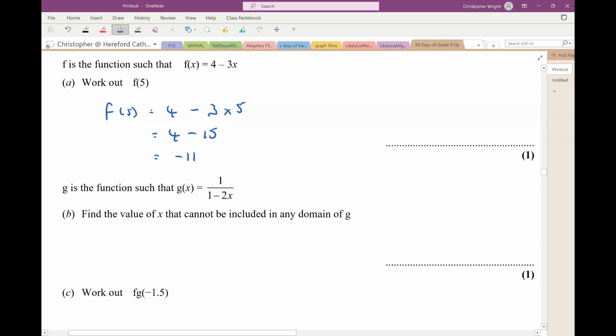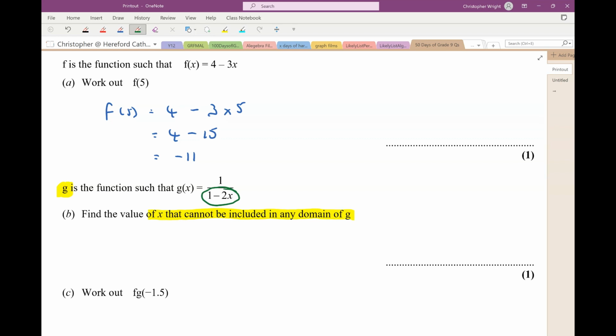Good. Okay, now g is the function such that the g of x is 1 over 1 minus 2x. Find the value of x that cannot be included in any domain of g. Okay, well, those are values of x which give me 0 for my denominator, because that won't work in that formula.